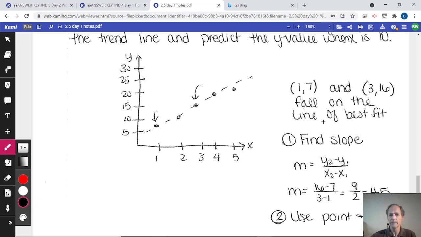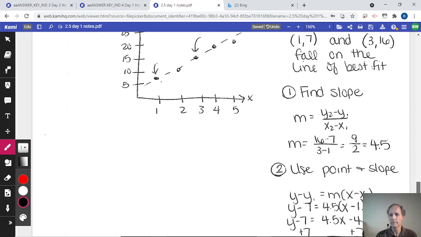So let's do it. First, find the slope. You do that by the difference in the y's divided by the difference in the x's, right? Okay, so that's right there.